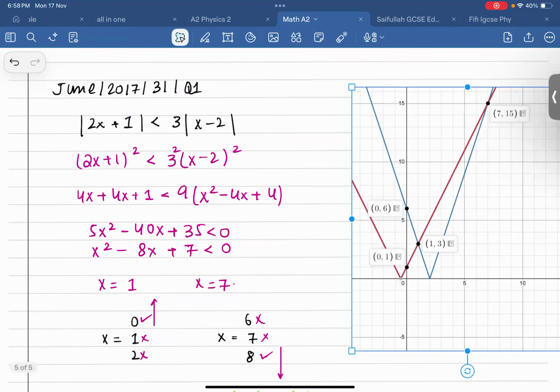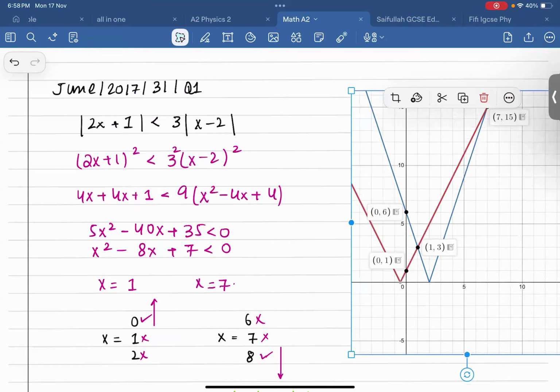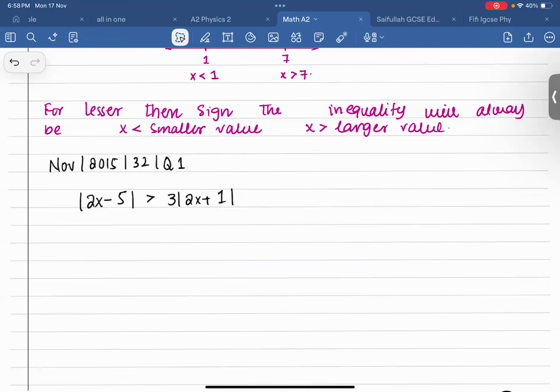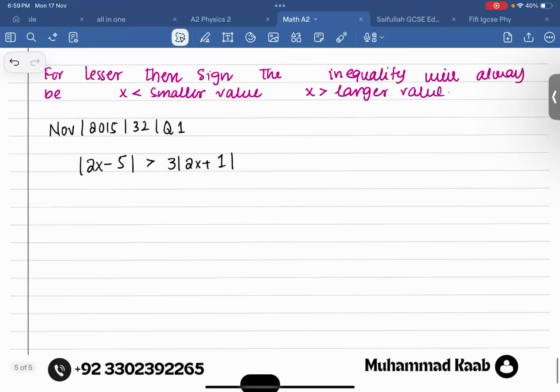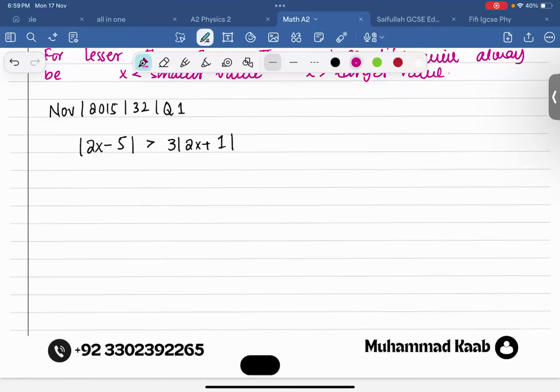Hanji, what are the critical values you guys are getting? I'm getting x is equal to 1 over 4 and x is equal to -2. Okay. So what is the equation you are getting?